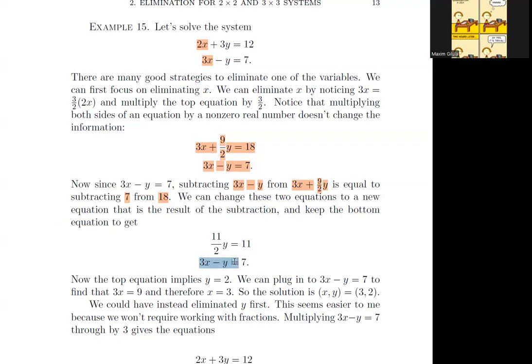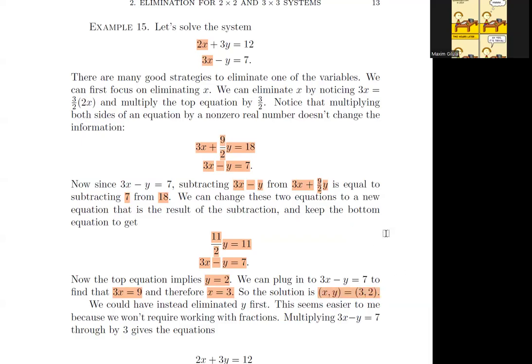So keep 3x minus y is 7, but subtracting the bottom one from the top one, we get a new equation, 11 halves y equals 11. And now we could solve for y right away. y equals 2. Now we could go back to the bottom equation, plug in y equals 2, and get 3x equals 9, and x equals 3. So the solution is x is 3, y is 2.